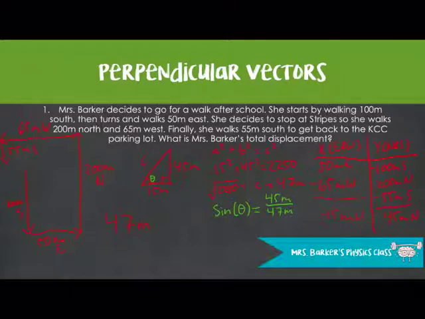In order to get theta by itself, I'm going to take the inverse sine, so sine inverse of 45 over 47 is equal to theta.